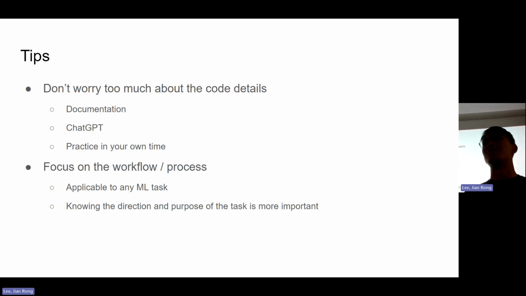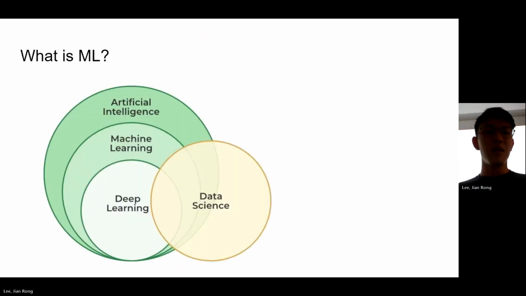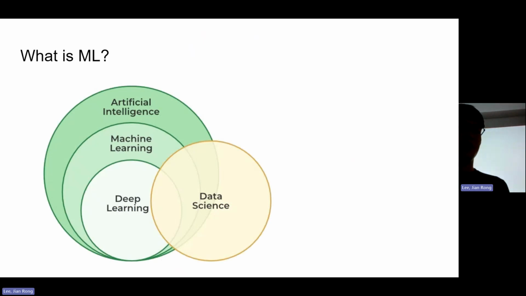With any machine learning task, you're always collecting data, you're always processing data, and you're always training and evaluating a model after that. So just try to keep this in mind. Don't worry too much about the code because you can always look at documentation, or I've tried pasting code blocks into ChatGPT and asking it to explain them, and it works pretty well.